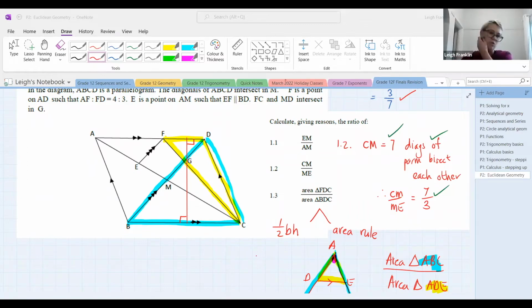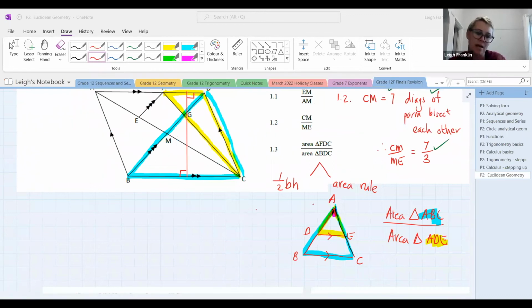Good. So now when we talk about the area of a triangle, half base times height, the base and the height have to be perpendicular to one another.